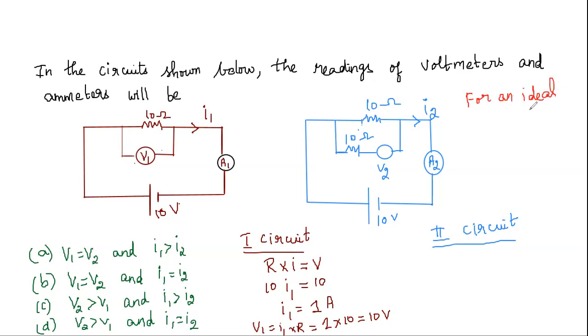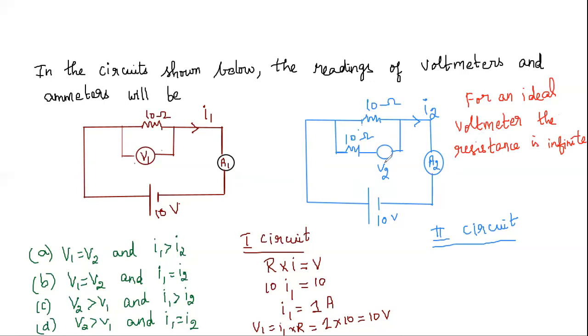For an ideal voltmeter, what is the resistance? The resistance is infinite, right? That means here V2, we are considering it as an ideal voltmeter, so it has infinite resistance.